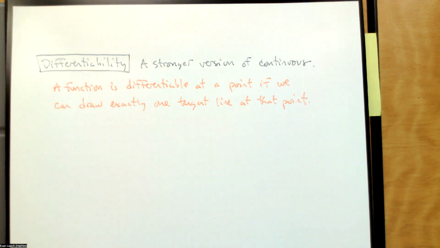A function is differentiable at a point if we can draw exactly one tangent at that point. This means that a function will have to be continuous at the point to be differentiable.